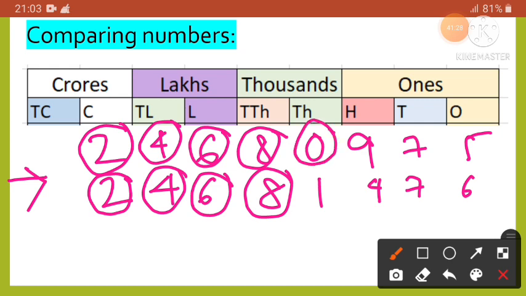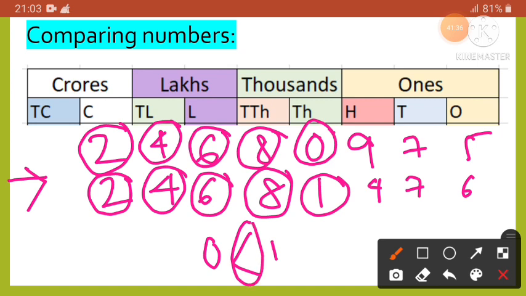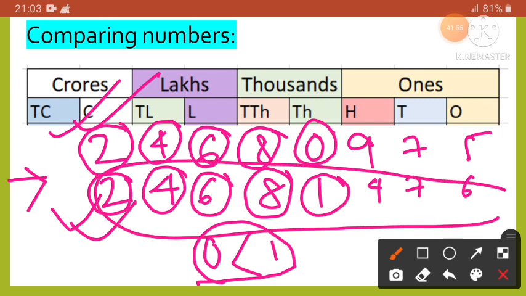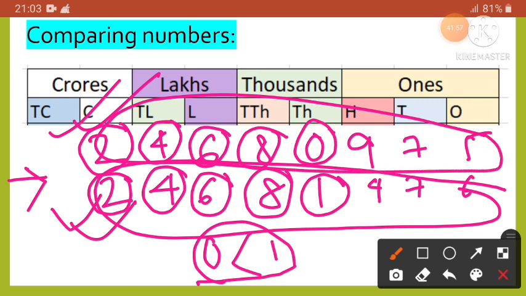Next it is 0 and it is 1. Which is greater, which is less? 0 is less than 1. Lesser means lesser than, and greater means bigger than. So if 0 is lesser than 1, that means this number is lesser than the other number, that means the other number is larger.